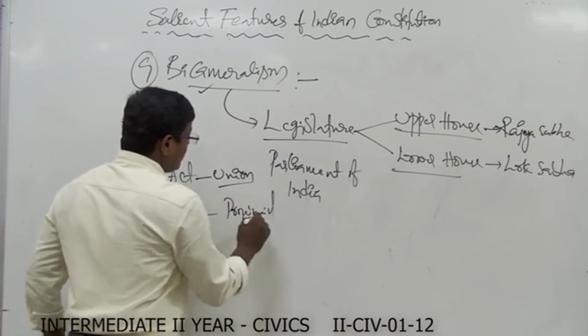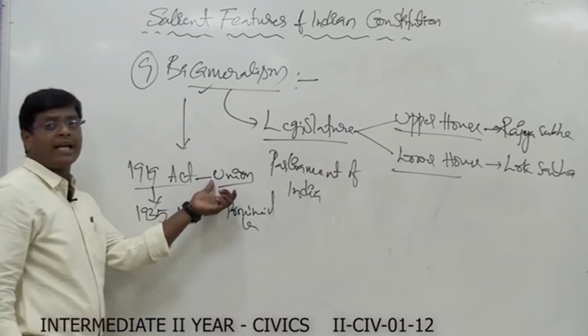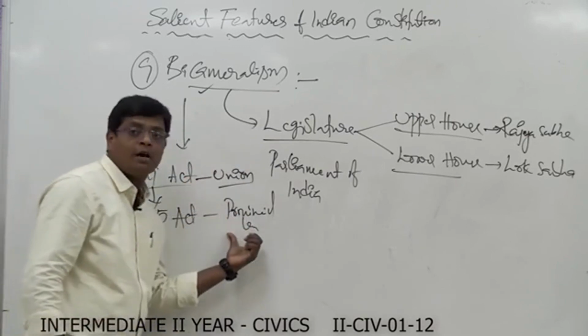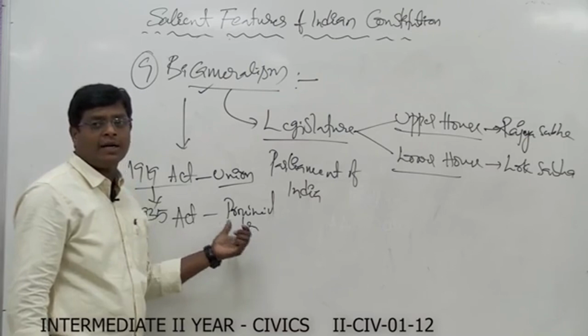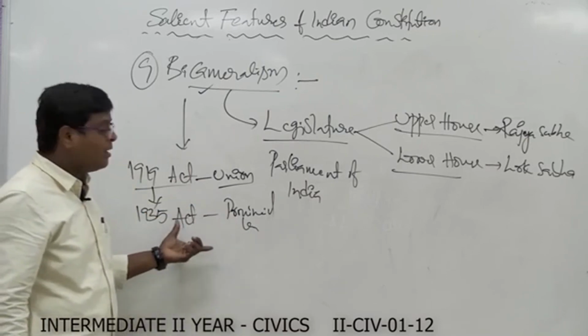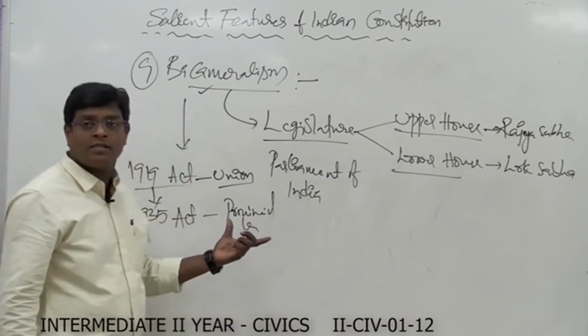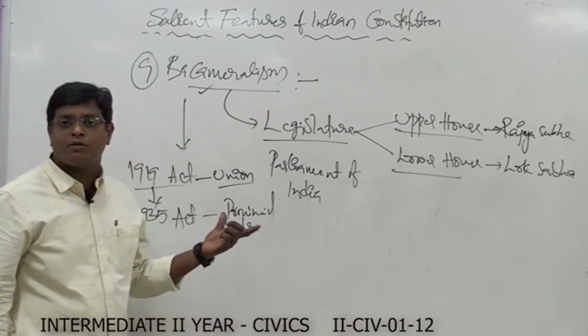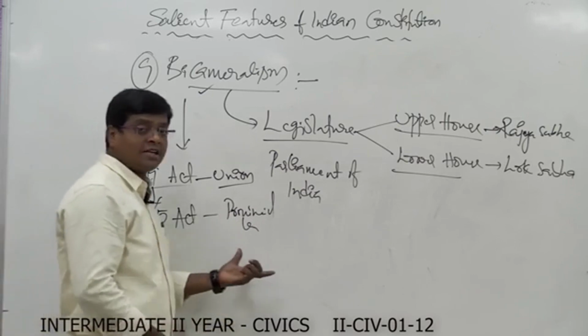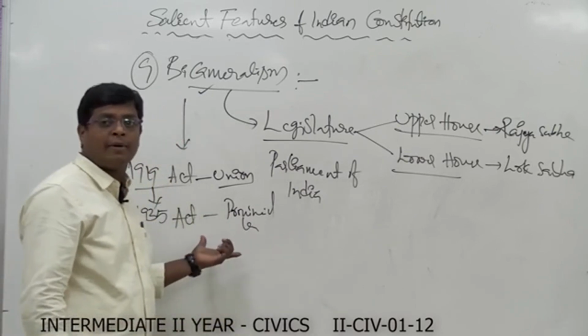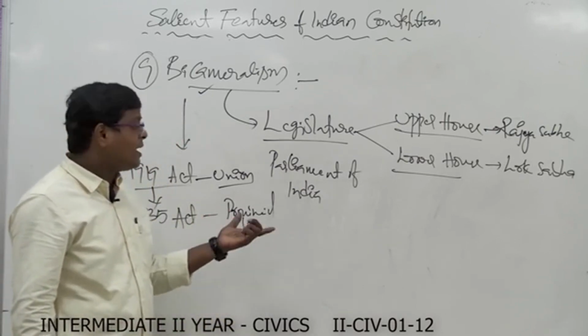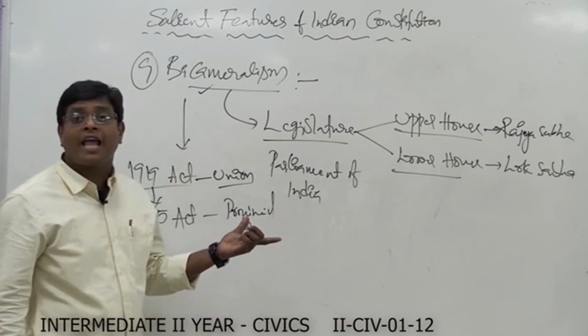That means there was a bicameral system at union level as well as provincial level in India. But the Constitution of India gave relaxation to the states, that means gave the choice to adopt the bicameral system. If the states are interested, they may adopt it. Otherwise, they may continue as unicameralism.